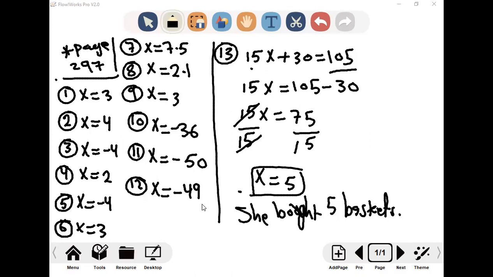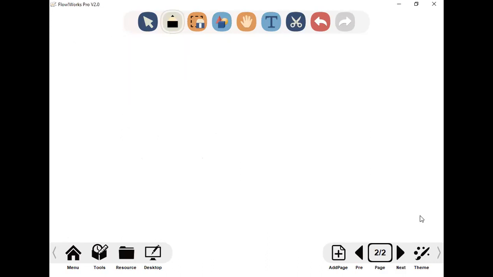Still what? How to write the equation, okay? So we are on page 299. Module 6, lesson 3, right? So we are on module 6, lesson 3.